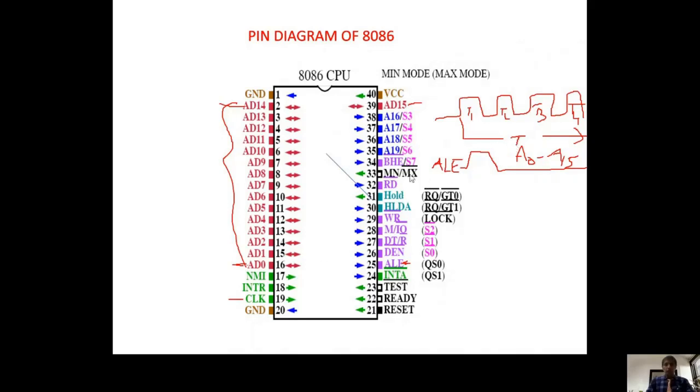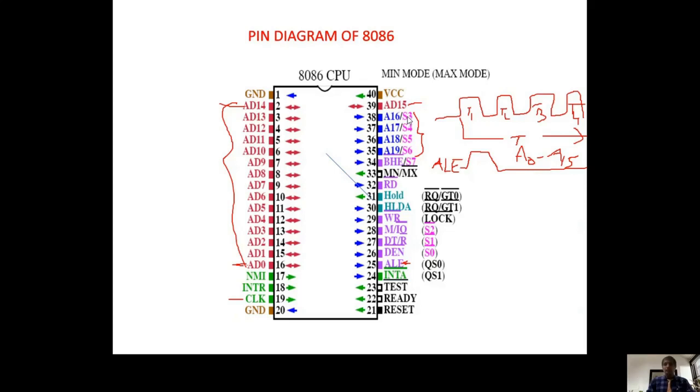Now coming to the other address lines, A16/S3 to A19/S6. These four are pin numbers 35, 36, 37 and 38. These four are also multiplexed lines, but multiplexed address with status. So the address lines are multiplexed with status lines.